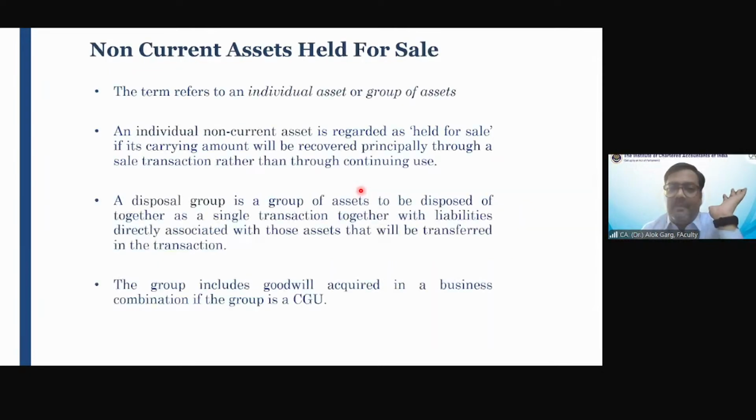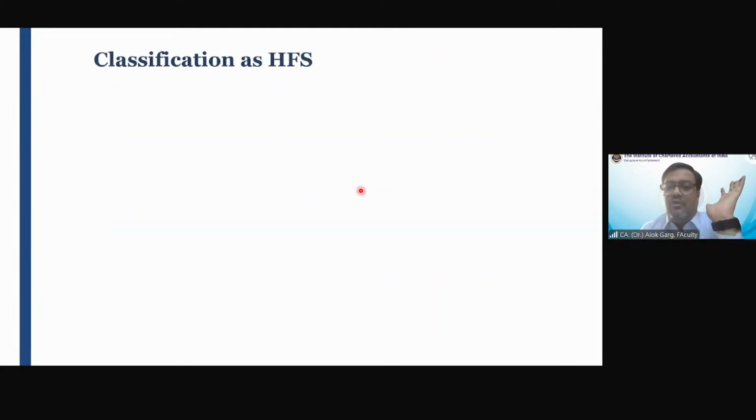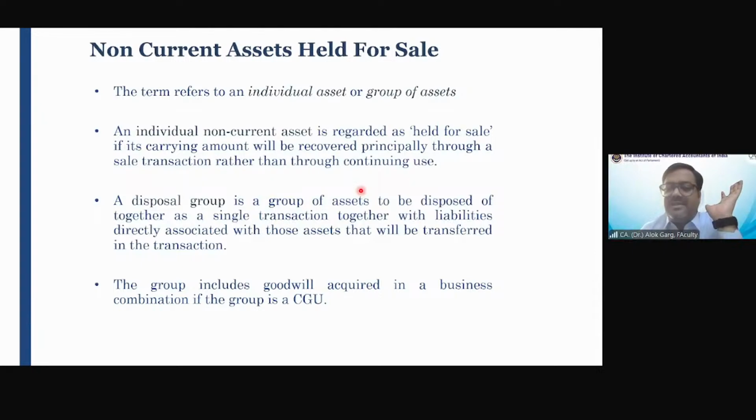Okay. So disposal group, individual non-current asset we discussed. The term non-current asset held for sale refers to an individual asset as well as a group of assets. An individual non-current asset is regarded as held for sale if its carrying amount will be recovered principally through a sale transaction rather than through continuing use. Disposal group is a group of assets to be disposed of together as a single transaction, together with liabilities directly associated with those assets that will be transferred in the transaction.